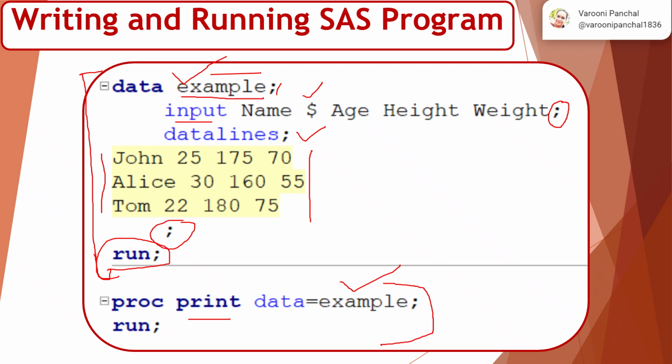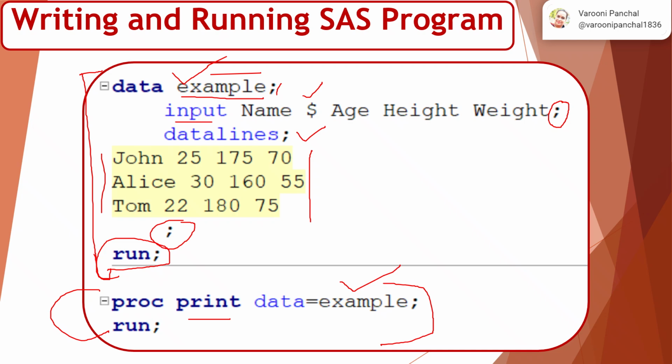If you're not entering any libraries, it will go by default into the work library. I will explain in the next slide what is permanent and what is the work library. So right now you need to understand that this dataset example that is created will go into the work library. The proc print procedure informs the SAS software to print the data set example the way it has been entered in the data step.